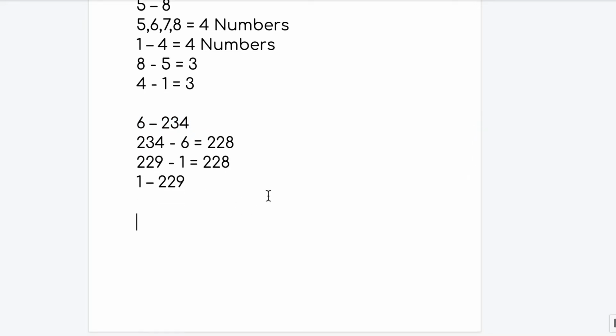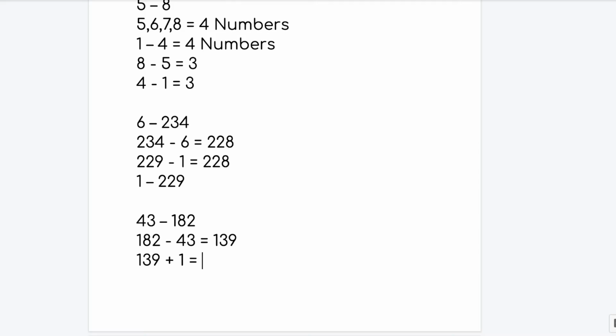We can apply the tactic again with something different. Let's say we have 43 up to 182. How many numbers are there here? Again, all we have to do is subtract them, so 182 minus 43 is 139, and then we add 1, so 139 plus 1 is 140.